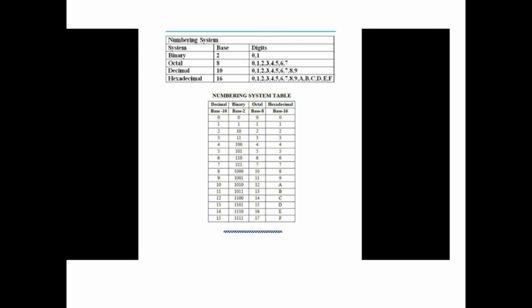The equivalent of 7 in binary is 111. The equivalent of 8 in binary is 1000, and the equivalent of 8 in octal is 10. In this way we can represent different number systems. Remember these things. I will do one practical class in the next class. Thank you.